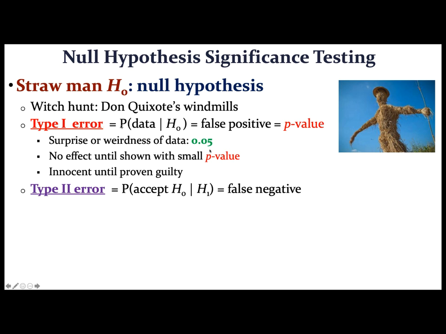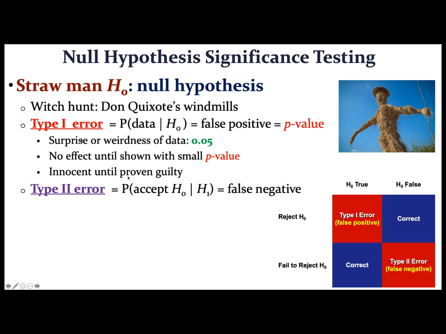With that p-value, there's this magic number of 0.05, simply because it's 1 out of 20. It sounds nice, right? So people adopt that threshold, that magic number, to make a decision. That decision is pretty much similar to what's going on in the courtroom. We have this 2x2 matrix.